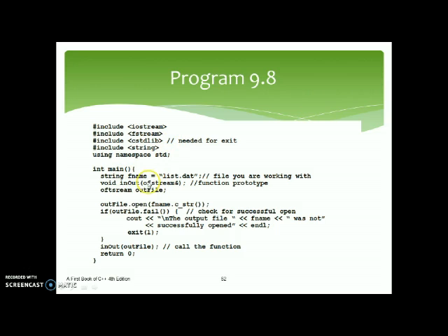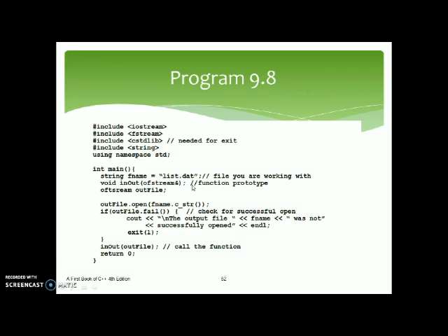We start with defining the name of the file that we want to write into. In this case, I name my variable fname, of type string, and the name of the file that I want to create and write some contents into, I name it list.dat.